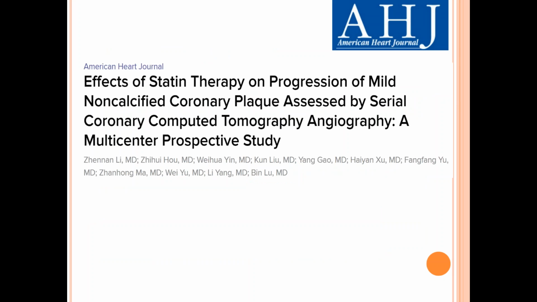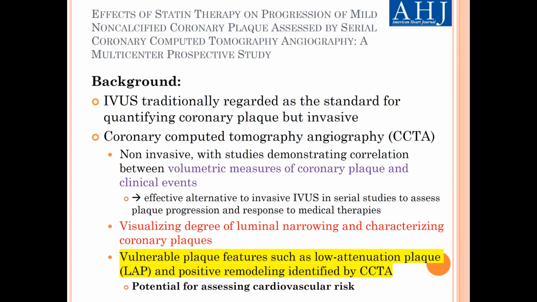And then this is a study that Dr. Harrison actually showed me, which looked at statin therapy and atherosclerosis in patients that underwent coronary angiograms. IVUS has been regarded as basically the standard for quantifying coronary plaque, but that's obviously invasive and not preferred in a lot of patients, especially patients with non-ischemic cardiomyopathy.